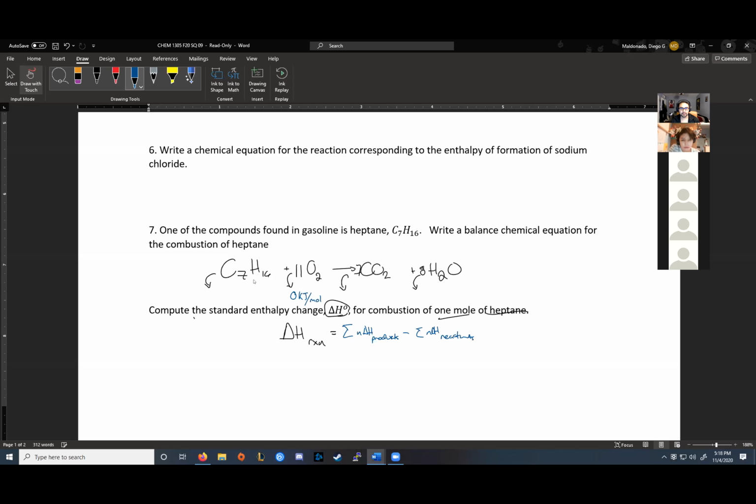Okay, can someone tell me what the enthalpies of formation for CO2 and H2O are? That way I don't have to Google it. And then also heptane if you can.